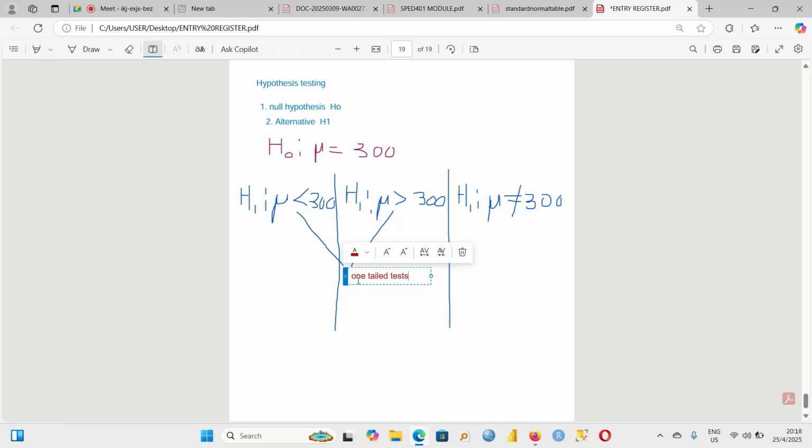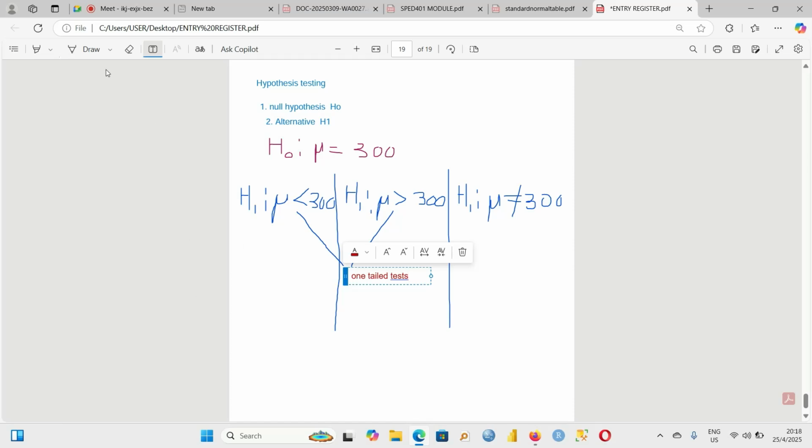One-tailed tests are tests where we are testing for either an increase or a decrease. Are we testing for an increase or a decrease?